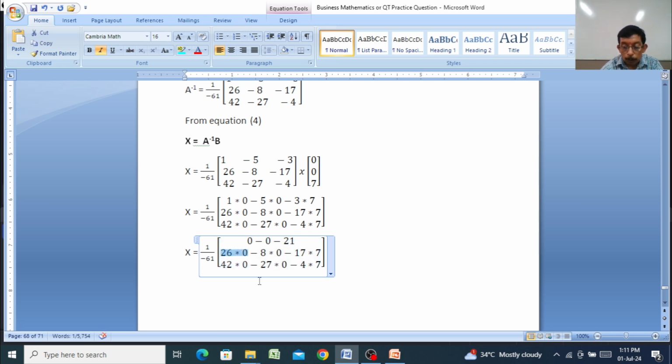Now second row: 0 is multiplied by 26, 0. 8 is multiplied by 0, result is 0. Minus 17 times 7 is 119. Now 42 multiplied by 0, result is 0. 27 multiplied by 0, result is 0. Result is 28.